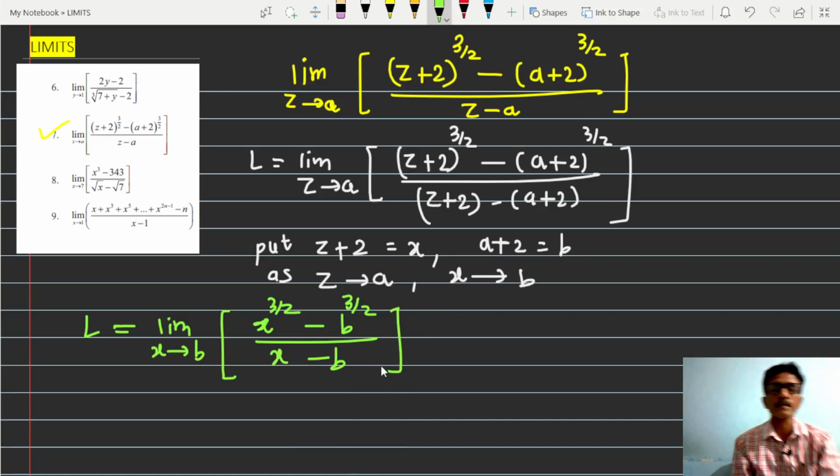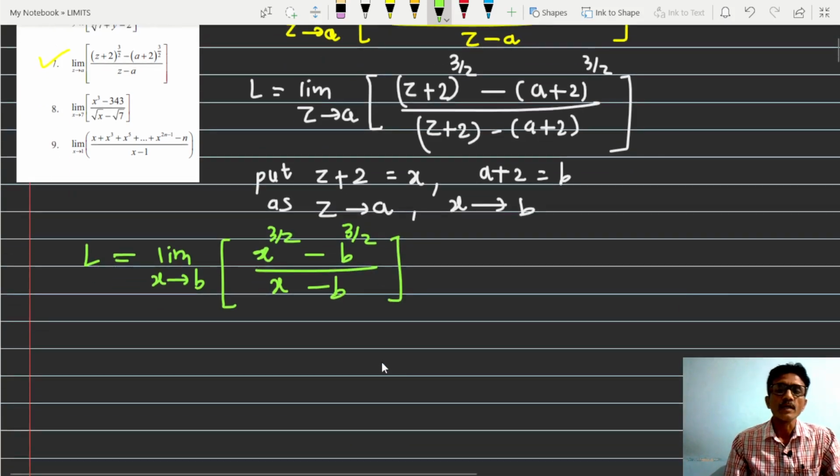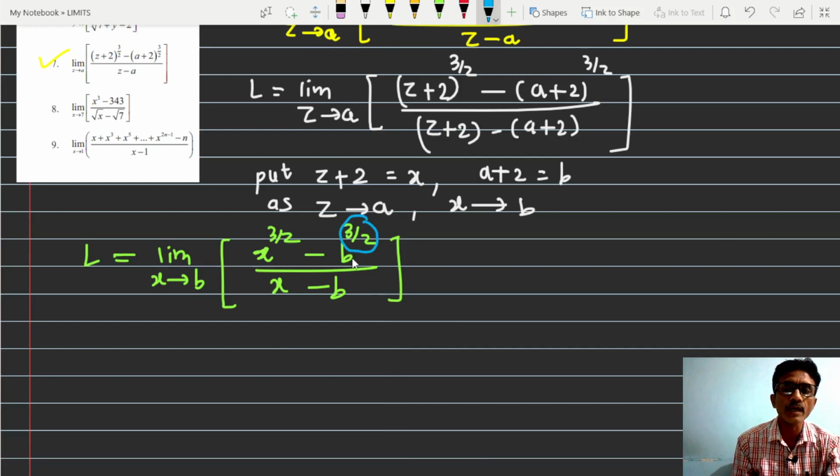हाँ, तो ये स्टैंडर्ड फॉर्म में आ गए. Then here what is n over here? So n is equal to 3 by 2 और a क्या है? b है. So applying that formula, it is n, that is 3 by 2 into b raised to power 3 by 2 minus 1.